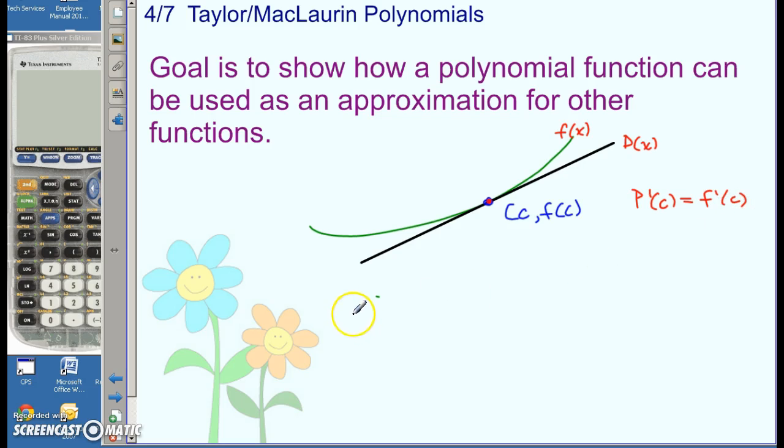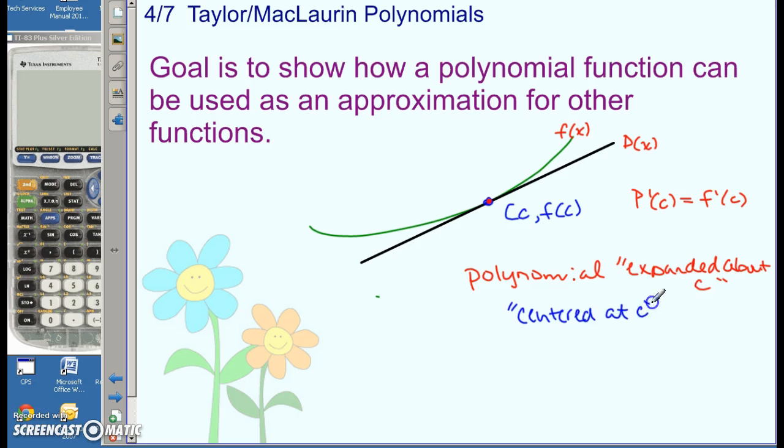So our polynomial is being given with respect to c. So this is a polynomial which is expanded. This is the terminology that we use: about c. Another way to say that is the polynomial is centered at c.